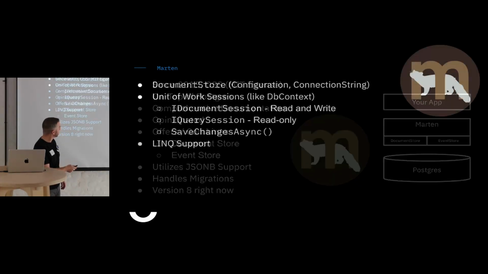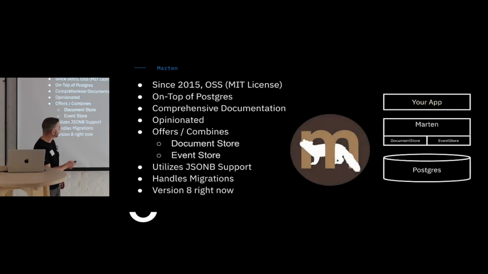So, yeah. It just sits in the middle of our app and Postgres, and it kind of turns it into a document store and an event store, and we will see what this means in just a few minutes. It has really good documentation, so it's well documented and maintained. It's a bit opinionated, and we will get to why.